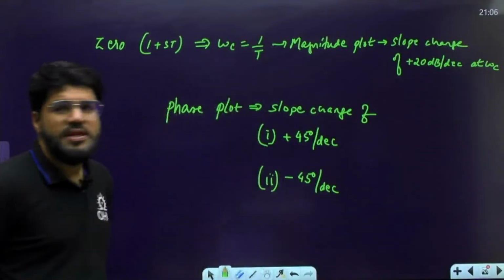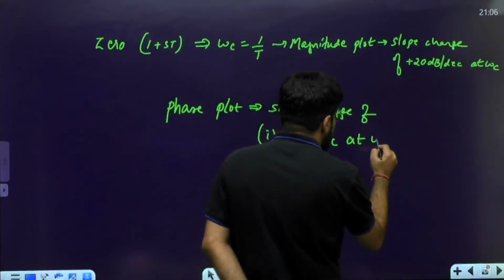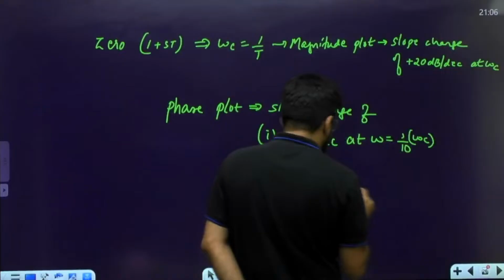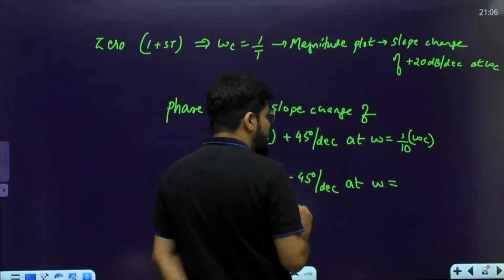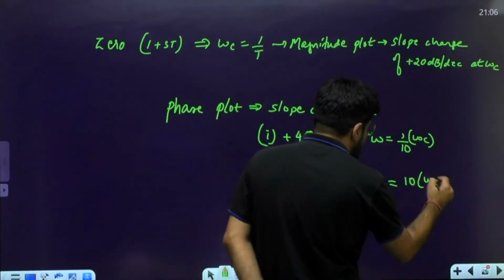There will be a slope change of plus 45 degree per decade at the frequency which is 1/10 of the corner frequency, and there will be a slope change of minus 45 degree per decade at the frequency which is 10 times the corner frequency.